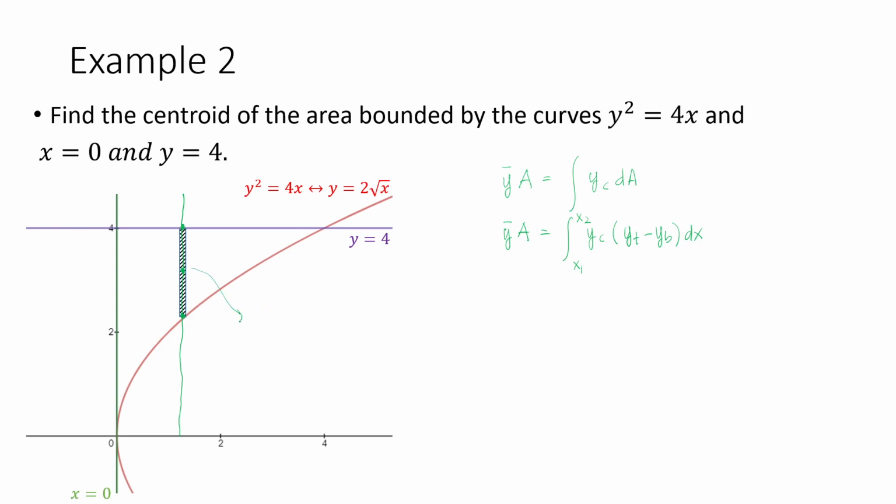Let's say this one is y bottom, this one is y top. So the center of it would be the midpoint theorem, y top plus y bottom over 2. I hope you understand the midpoint theorem.